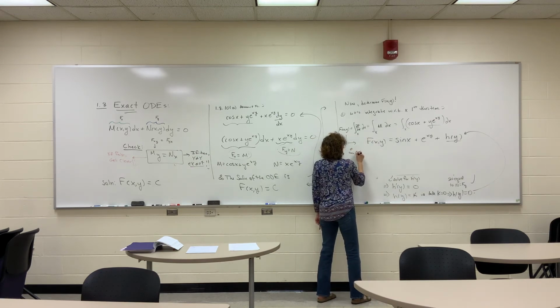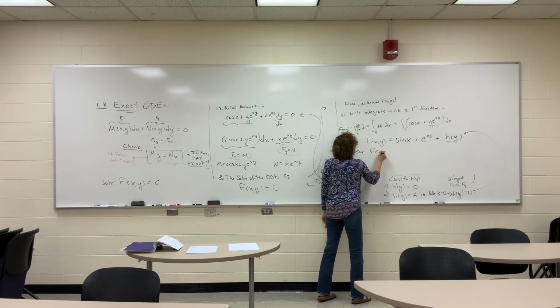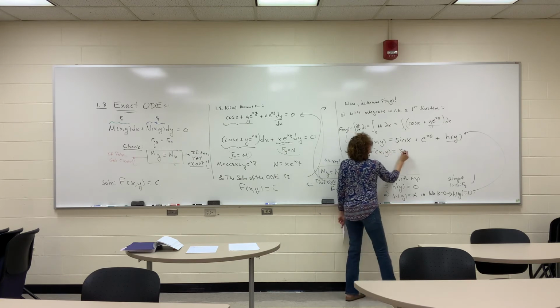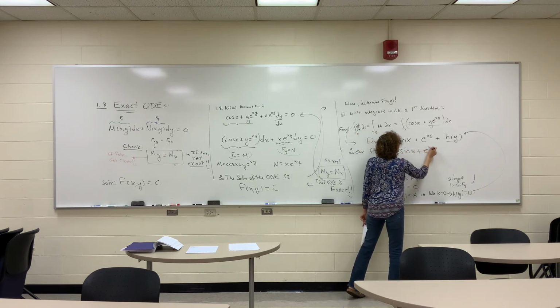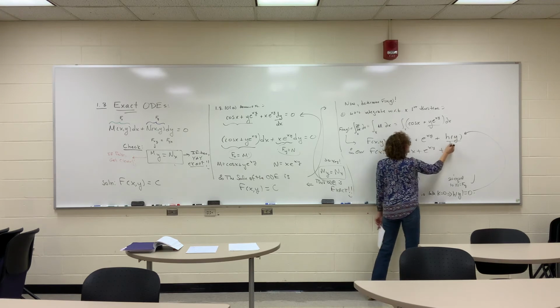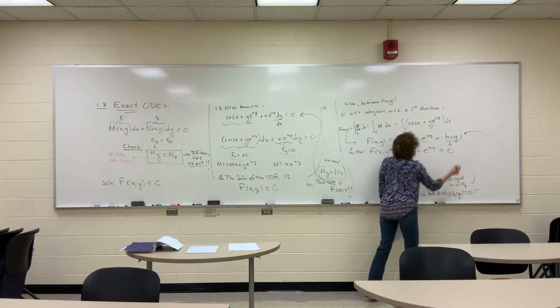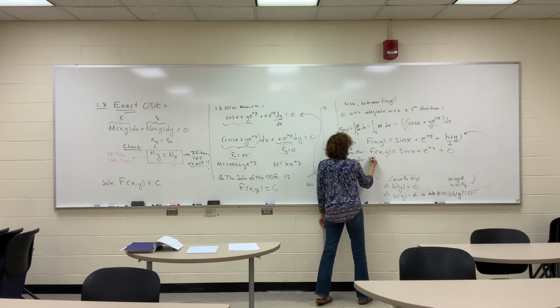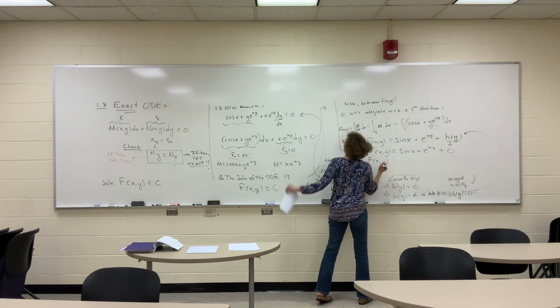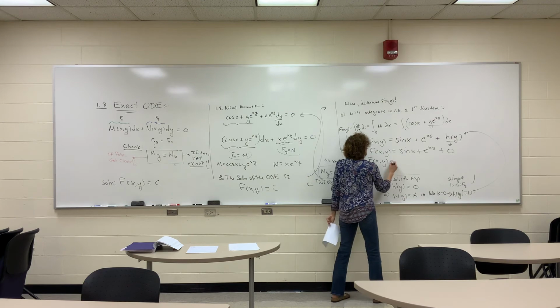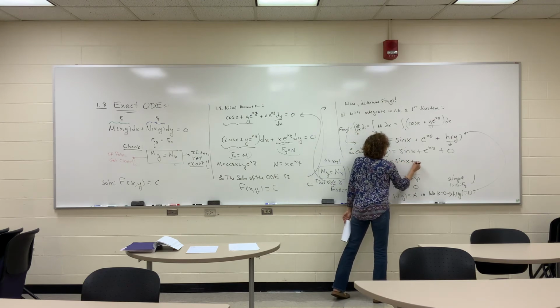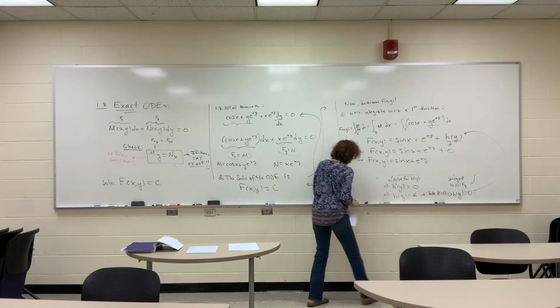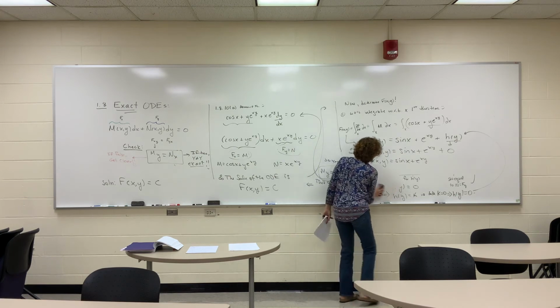Therefore, our f of x and y is sine x plus e to the xy plus, what did we discover that to be? 0 in this case, right? Nothing, okay? So f of x and y, the potential function for this differential equation, is sine x plus e to the xy. The solution of the differential equation is what?